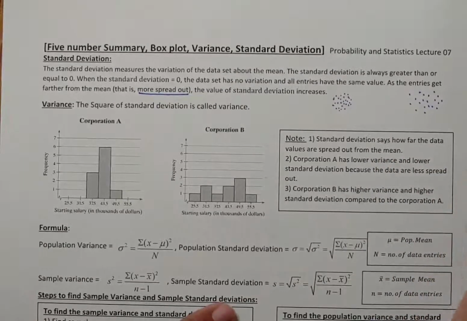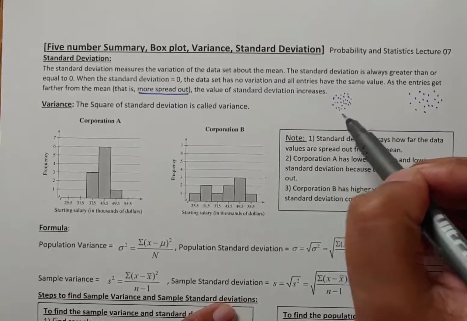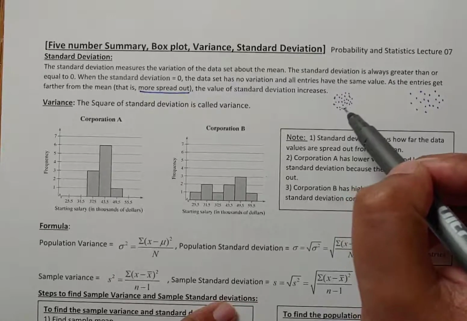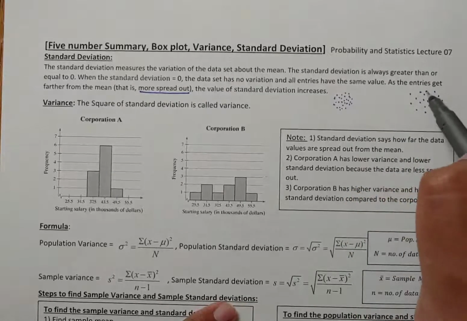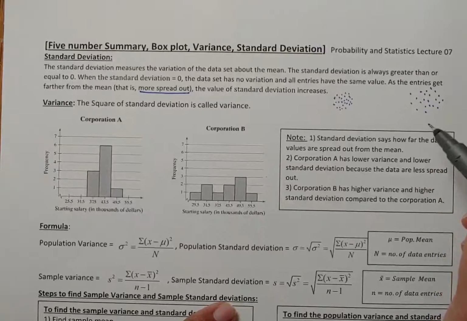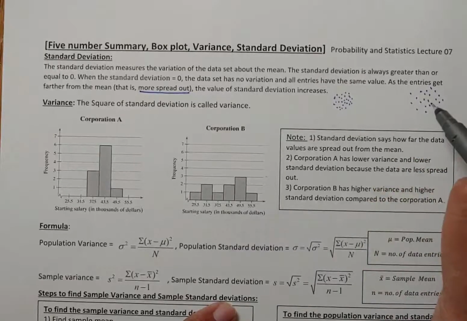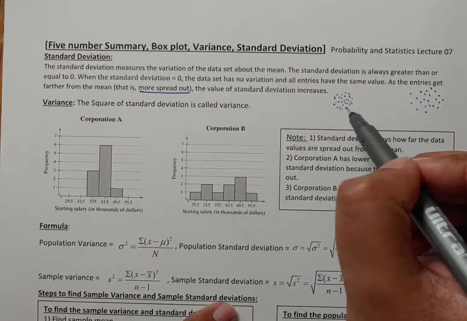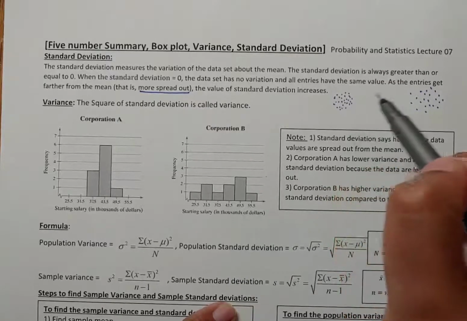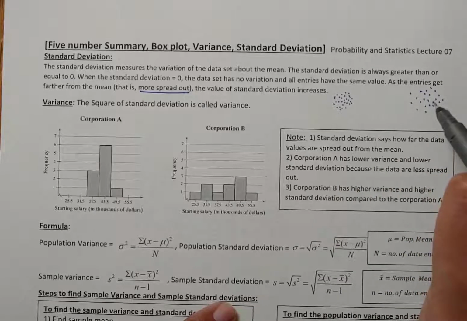Let's say this has 25 dots, so 25 data, and this has 25 dots, so 25 data. The number of data is the same. Now in this data, all the numbers are close to each other, and here the numbers are a little farther from each other.